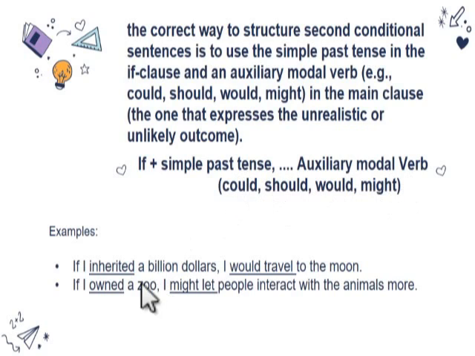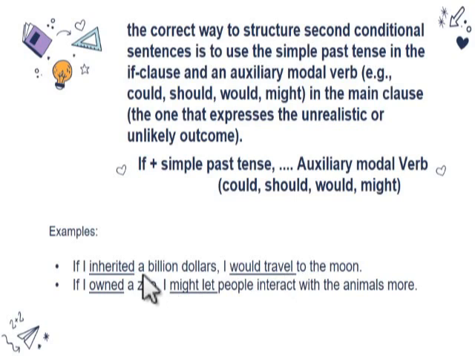This is the example: if I inherited $1 billion, like this one, this is the past tense. Yeah, the if clause is the condition, and then this is the main clause, where you use an auxiliary followed by verb 1. Okay, this is second conditional sentences. It means that it is not realistic, or it is unlikely to come true.